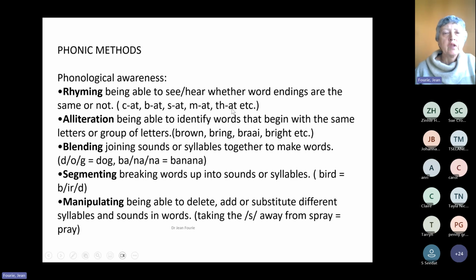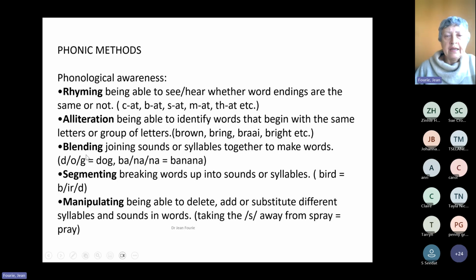So doing a repetition of the rhymes, alliterations, being able to identify words that begin with the same letters or sounds: brown, bring, brat, bright.